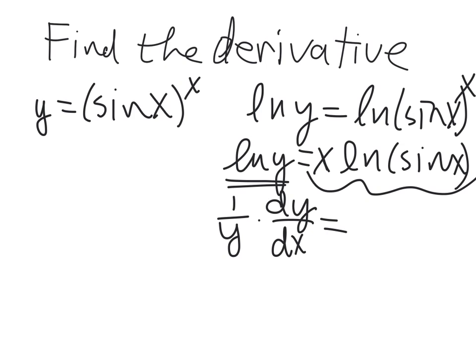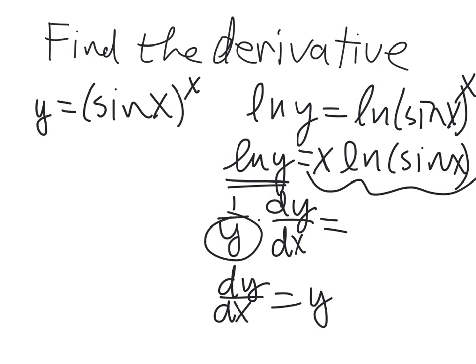And then dy by dx will equal y times the derivative of all that. So logarithmic differentiation gets involved, but we have to use it sometimes to be able to use our derivative shortcuts in the forms that we have.